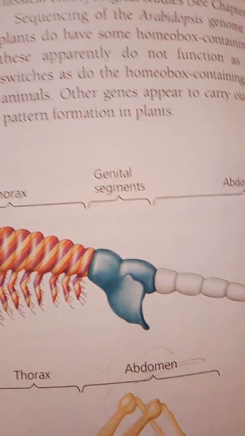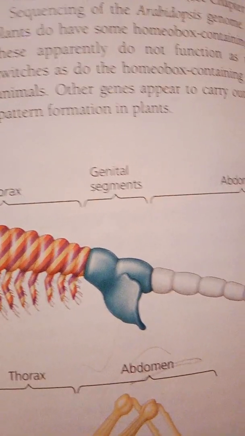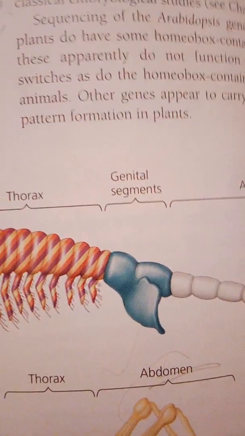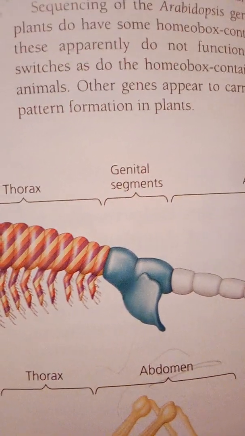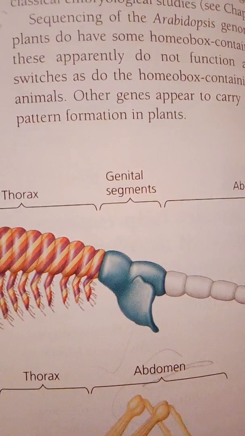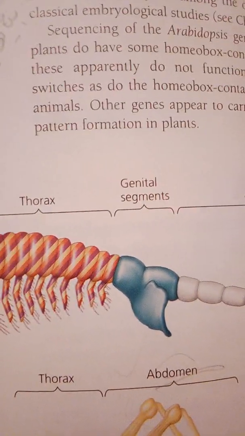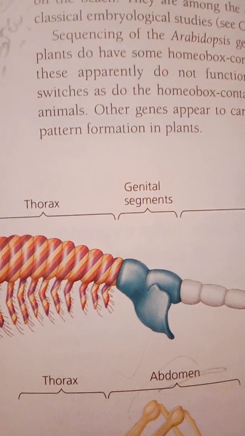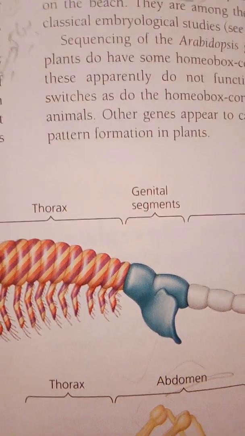From these similarities, we can deduce that the homeobox DNA sequences evolved very early in the history of life and was sufficiently valuable to organisms to have been conserved in animals and plants virtually unchanged for hundreds of millions of years.